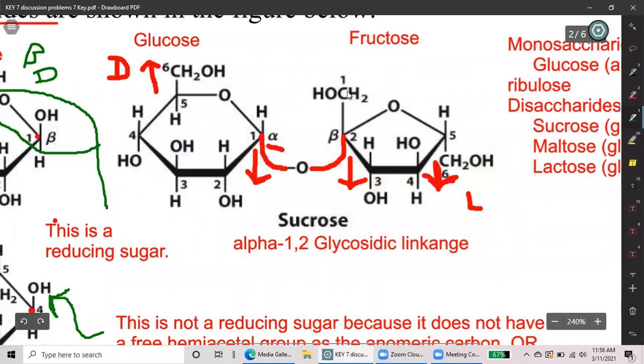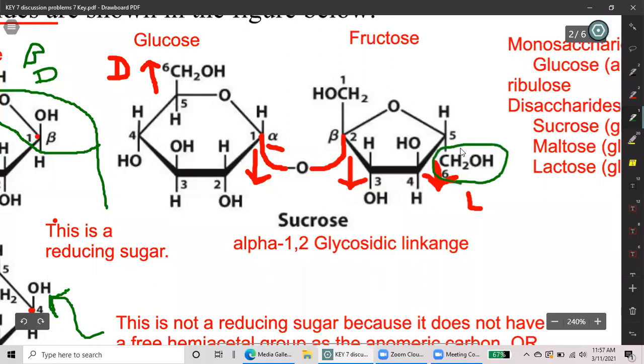Okay, so look at the numbers. Normally our carbon number 6 is up here, but in this case, they flip the sugar around, and so this is carbon number 1. 1, 2, 3, 4, 5, and 6. So this is sucrose. And the sugar is flipped around. And so we still have to look at carbon number 6.